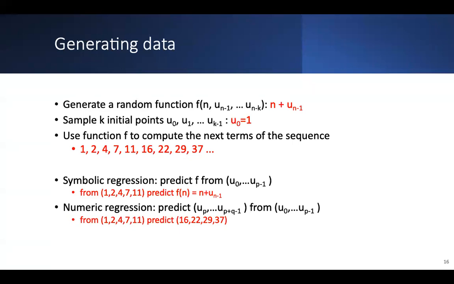Then sample a first point randomly, and then I use my function to calculate a long sequence from that. And I have two cases. Symbolic regression, where I'm providing the model with the 5 or 6 or 10 first terms in the sequence, and I task it to predict a sequence of tokens, which is the formula. And in the numeric case, I provide it with the first terms, but it starts to predict the next values. Right.